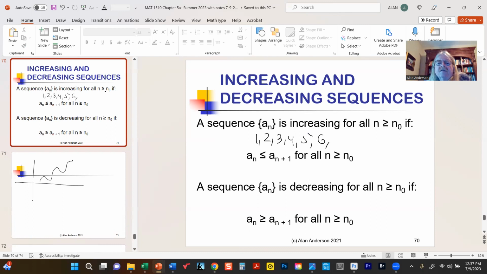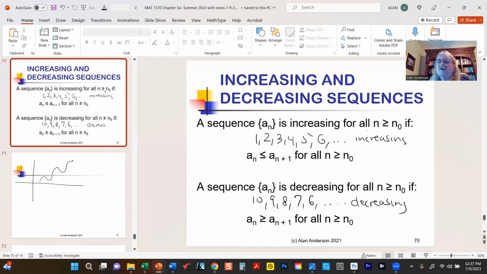Down here is the other way around. As n continues to increase, the sequence will never increase again. So this means that this sequence is increasing and this one is decreasing.